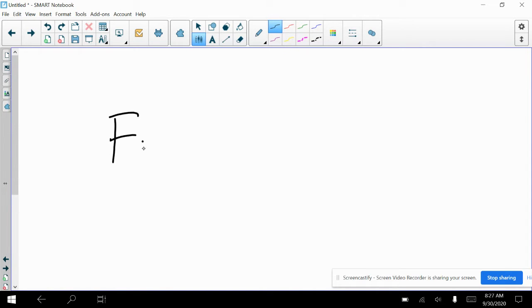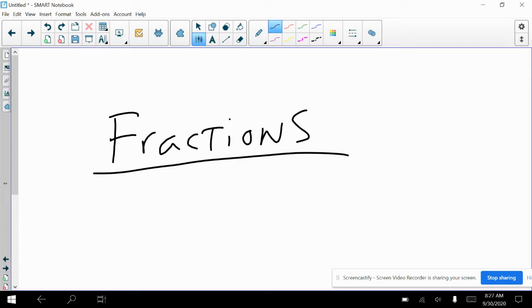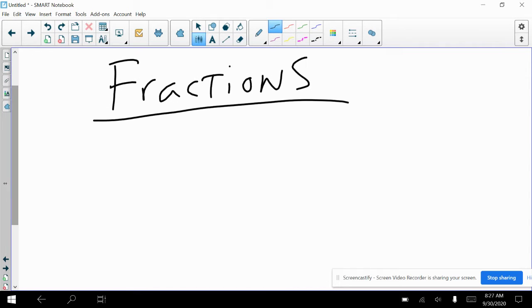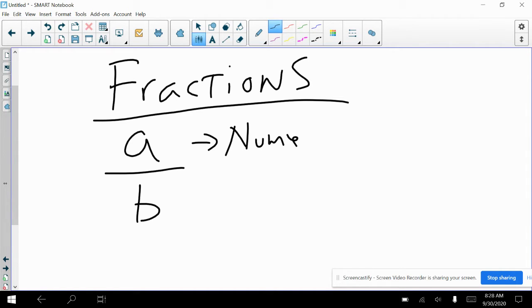Let's talk about fractions. Let's get the basics here. We have a fraction, A and a B. What's the A called? Numerator. Very good. Bottom, I heard somebody say.